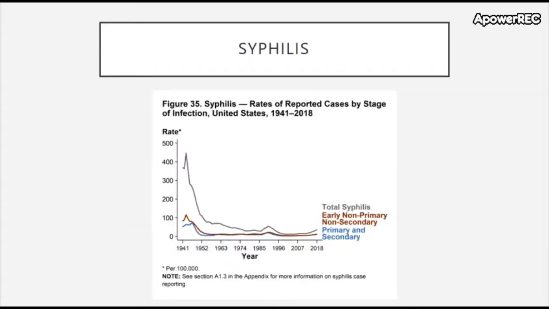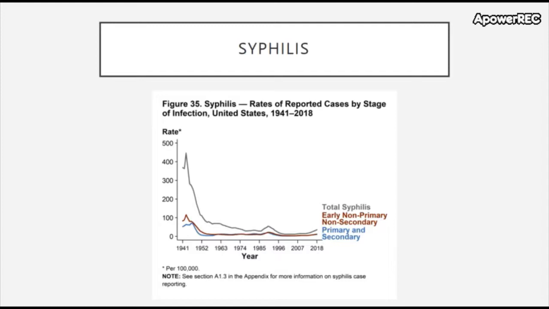And here's a graph of the rates of syphilis infection reported by stage. So there is total syphilis, and then we have our different stages: early non-primary non-secondary, and primary and secondary. It's not so important for you to distinguish between the different stages, but this graph is important because it shows that we once had a very large peak, roughly 0.4% of the population carrying syphilis.